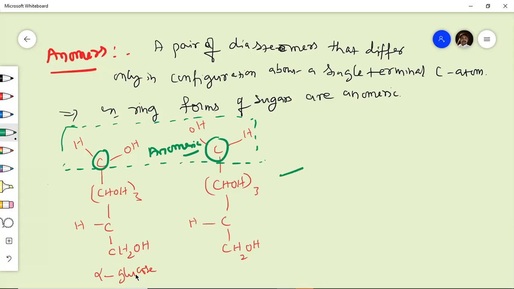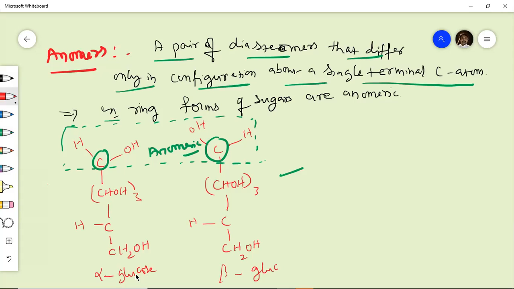So this is the meaning of anomeric forms. Anomeric forms are a pair of diastereomers that differ only in configuration about a single terminal carbon. Alpha glucose and beta glucose are examples of these diastereomers.